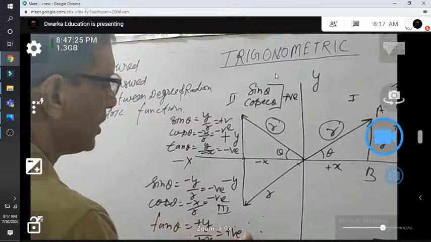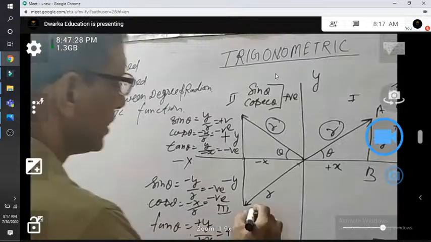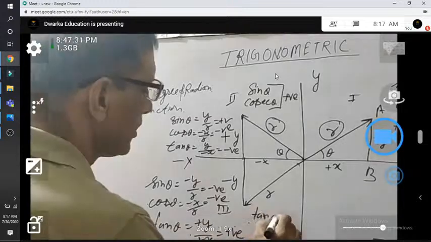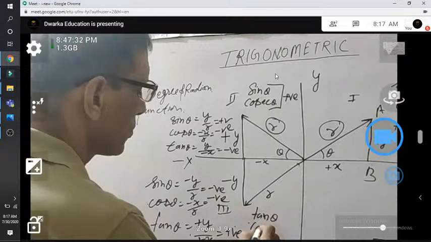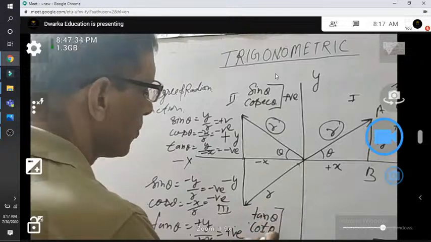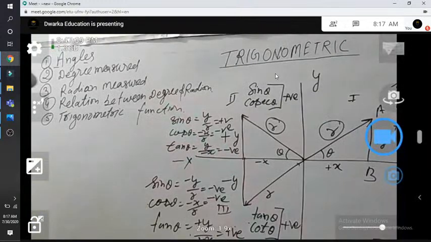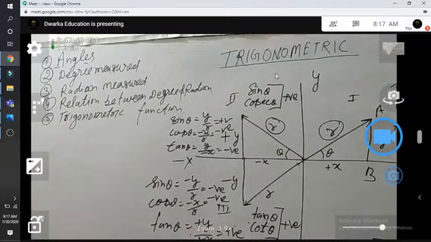In the third quadrant, only tangent theta and cot theta are positive, others are negative, and so on. We take the fourth quadrant.